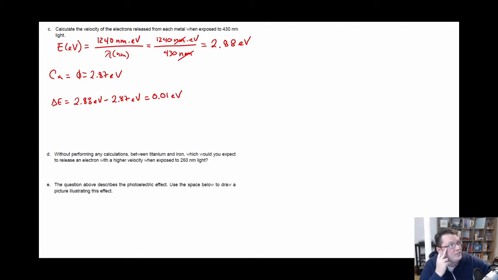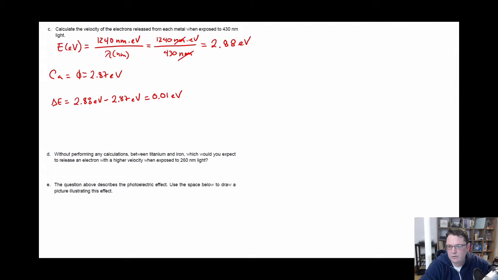So that's the energy difference between the two of them. Hypothetically, if all of that energy was directly converted into kinetic energy, that electron would be moving with a speed related to 0.01 electron volts.